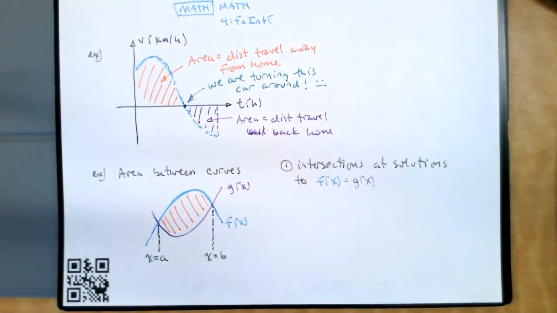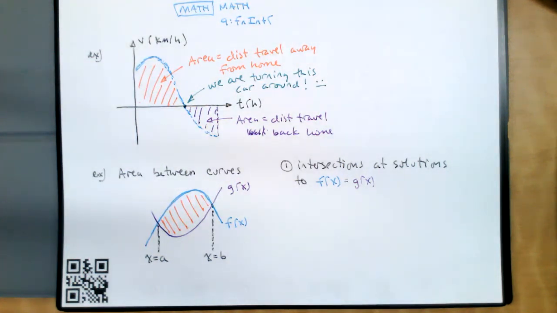If I recall correctly, we had a combination of a rational function and an exponential function, which means there's no way to solve this by hand. You have to use a machine to do it. So if you have a mix of an algebraic function and transcendental function, you're not going to be able to solve by hand. You don't have a technique for that. So just take these two equations.